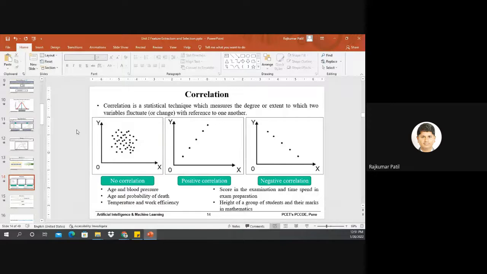Then when we talk about more than one variable, let's say age and blood pressure, and we are interested in finding out whether there is any relationship between them and how strong that relationship is, then we use the concept of correlation. There we find out whether the relation is there or not. If there is a correlation, we check whether it is a positive correlation or a negative correlation.